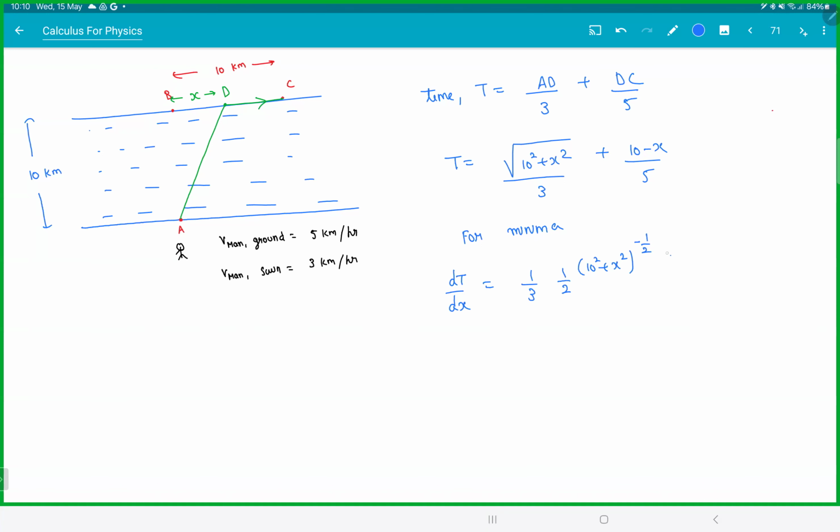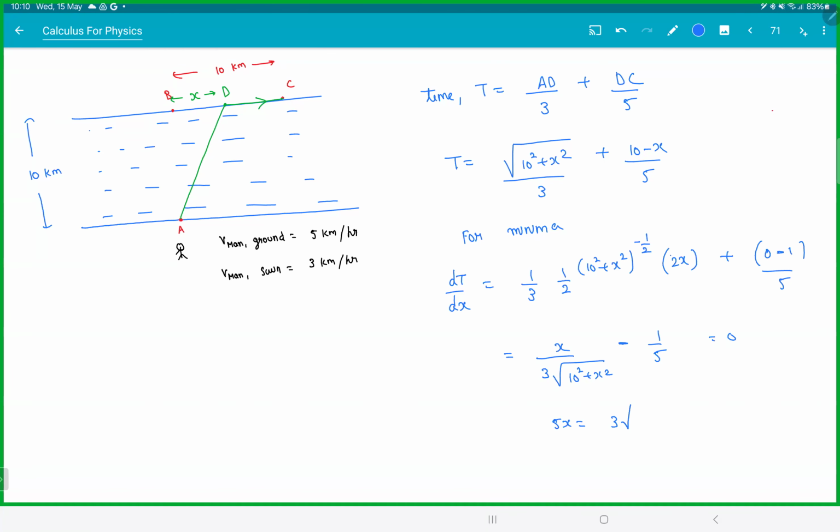Then differentiate whatever is inside, you get a 2x extra. This guy is 10 minus, so 0 minus 1 by 5. This is x by 3 root over 10 square plus x square minus 1 by 5. This should be equal to 0.